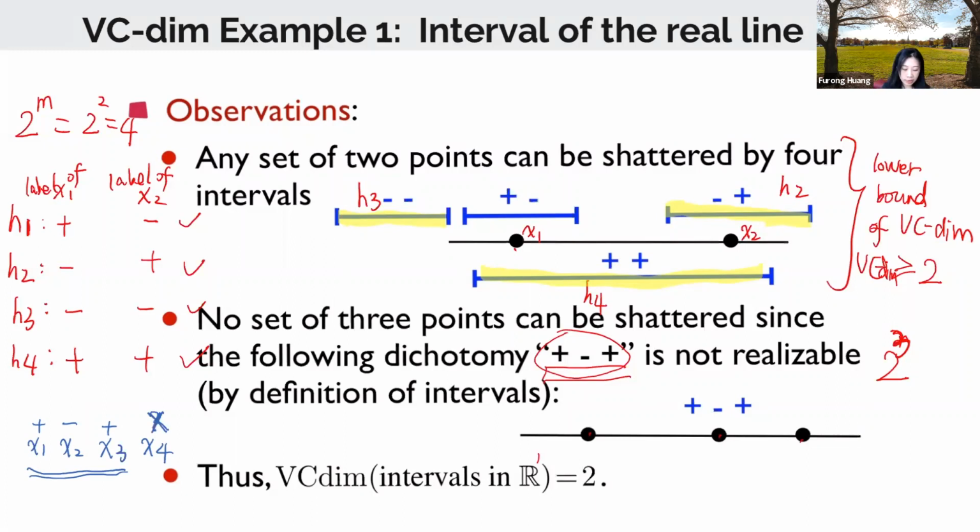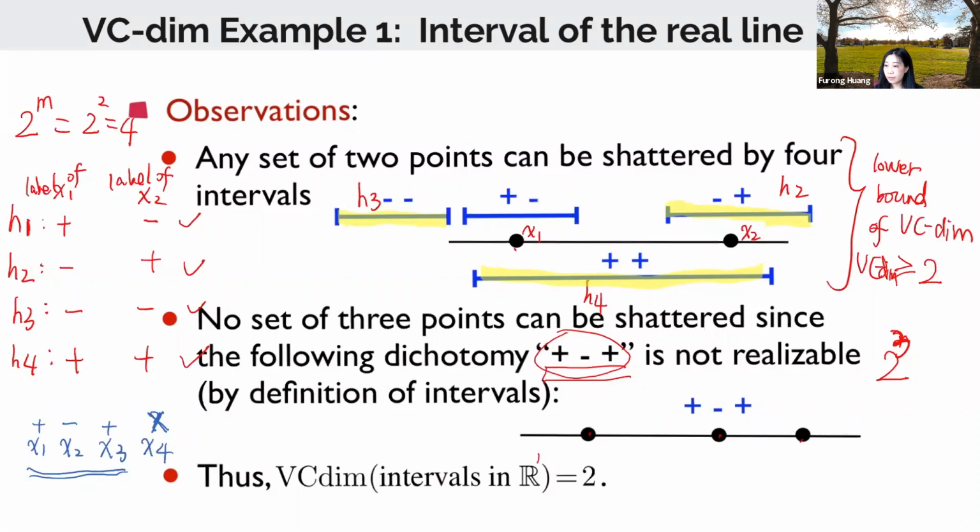Because you already cannot shatter x1, x2, x3, labeled as plus, minus, plus. Does that make sense? Yeah, that makes sense. Right. Also, Jonathan is making a very good point: a shattering of size n implies a shattering of size n minus 1, and that's correct.